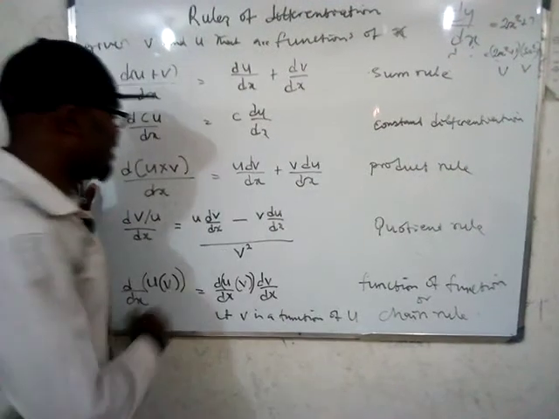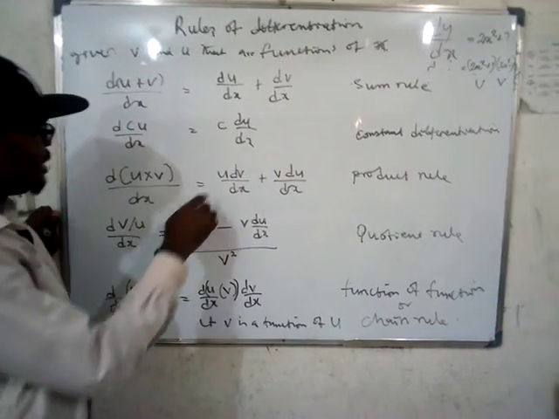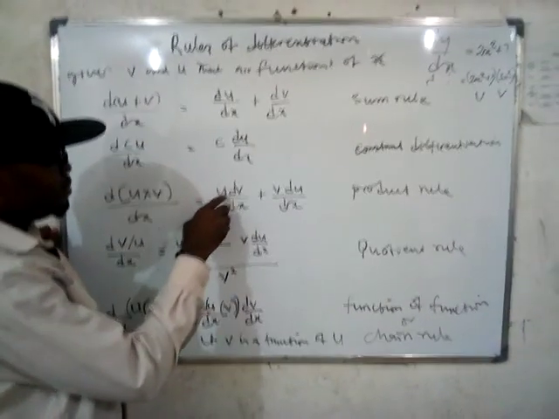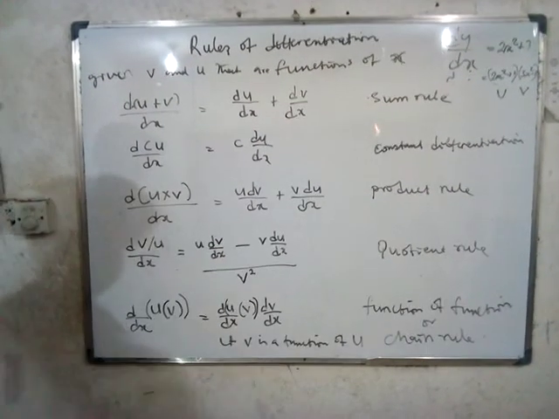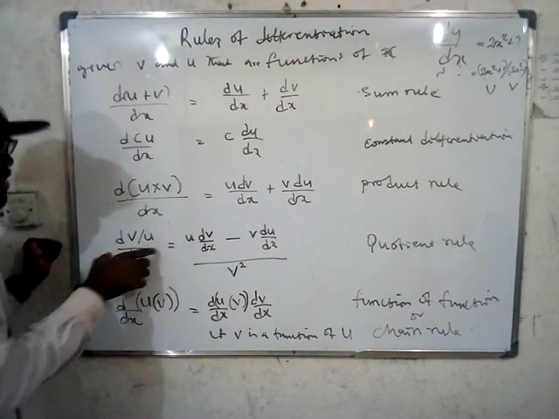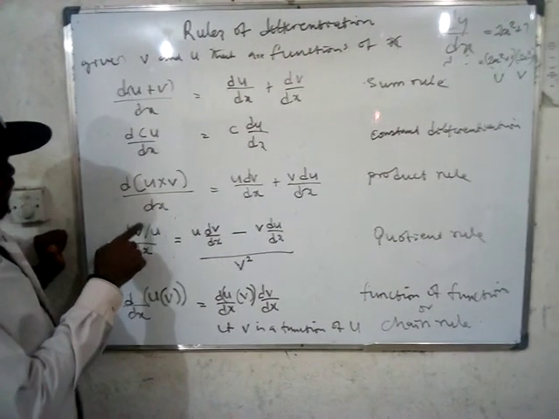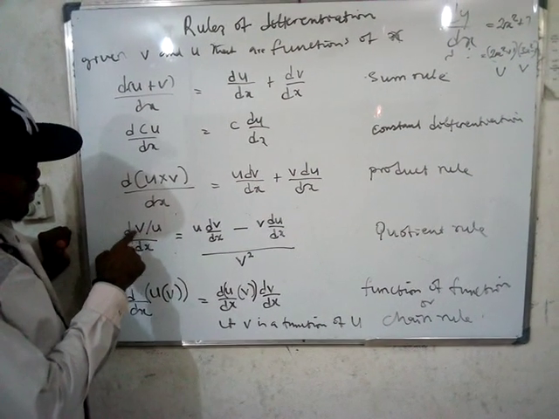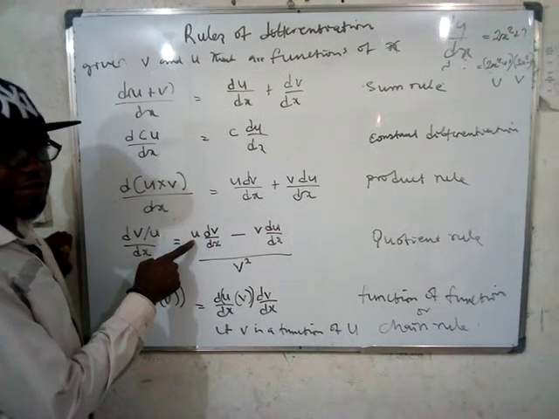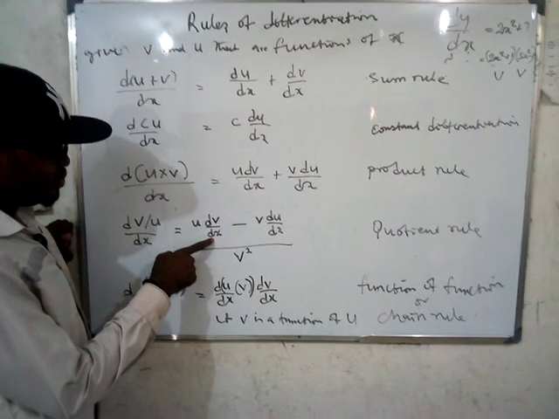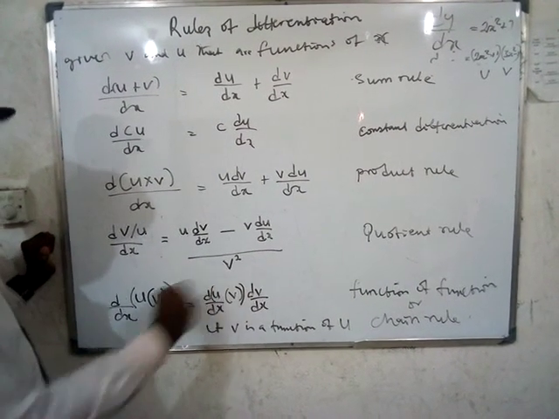Now the product rule says that if you have two functions of x that are multiplied together, their differentiation is the first function times the differential of the second function, plus the second function times the differential of the first function, added together. Now we look at the quotient rule. The quotient rule says that the differential of u over v is simply equal to keep the second function, differentiate the first function, minus keep the first function, differentiate the second function, all over the second function squared.